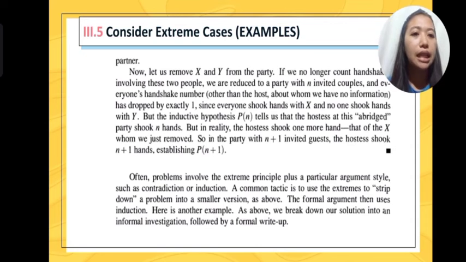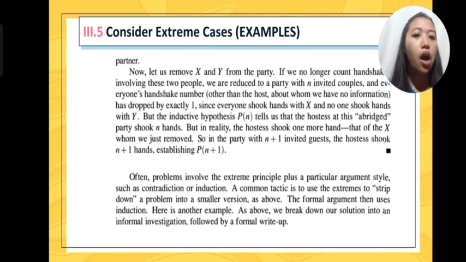But in reality, the hostess shook one more hand, that of the X whom we just removed. So in the party with n plus 1 invited couples, the hostess shook n plus 1 hands, establishing Pn plus 1.